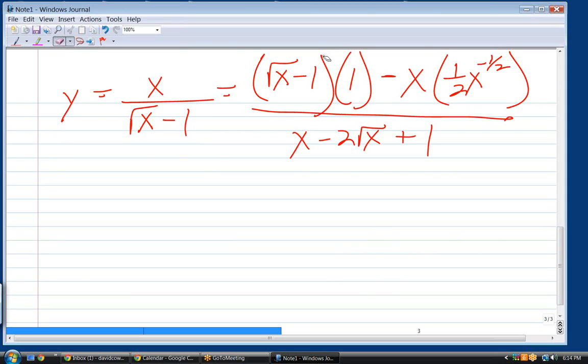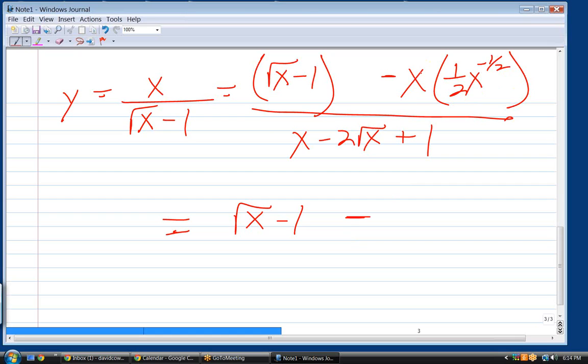So, let's see. What can we erase? We can erase that. This, we're going to have to do some sort of common denominator. All right, let's tackle that. We have root x minus 1 minus... Maybe we don't have to do that common denominator.